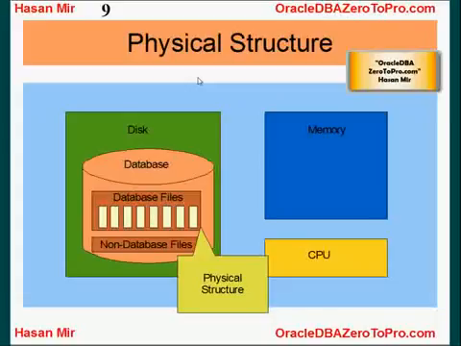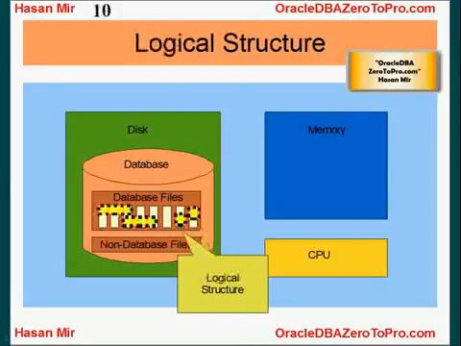The details of physical structure we will cover in coming tutorials, but I'm trying to make another point here: you can look at this collection of database files from two angles. One is physical structure and the other is logical structure.